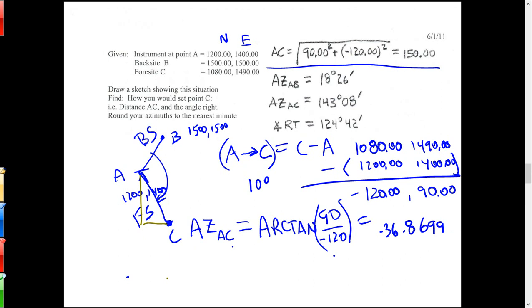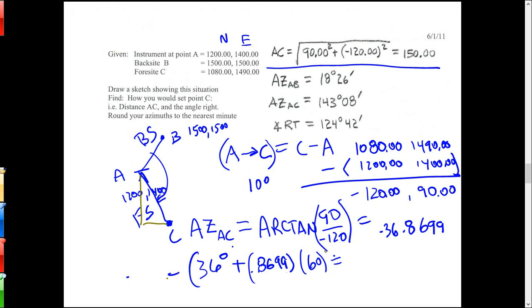Because now I want to convert that into minutes. Okay. So what I'm going to do, I'm going to take negative 36 degrees plus 0.8699 times 60, right? And actually, I'll put the negative outside the parenthesis there.